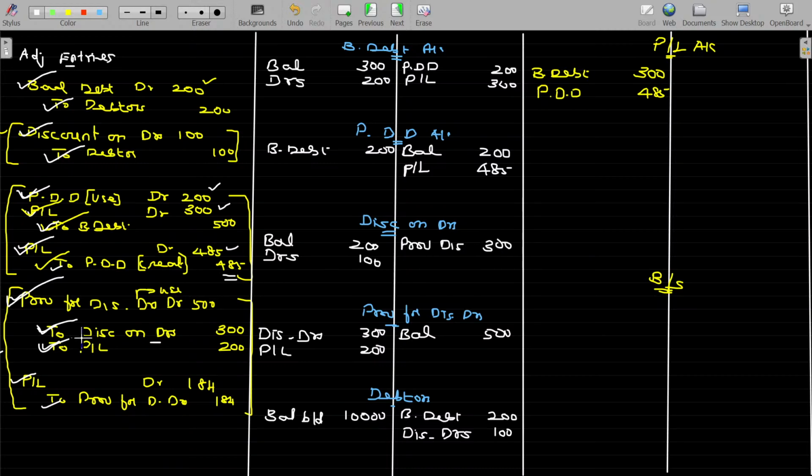In P&L account, by provision for discount on debtors, 200 rupees, the value being 200. Its own value should be posted. Similarly in discount on debtors, 300, correct. Then in P&L account, provision for discount on debtors 184.